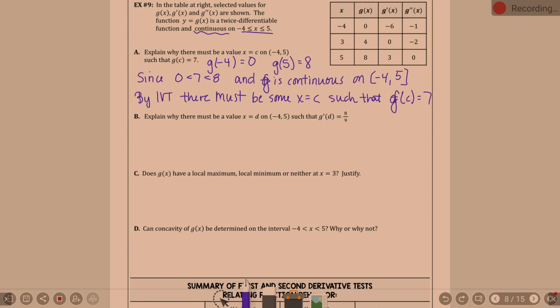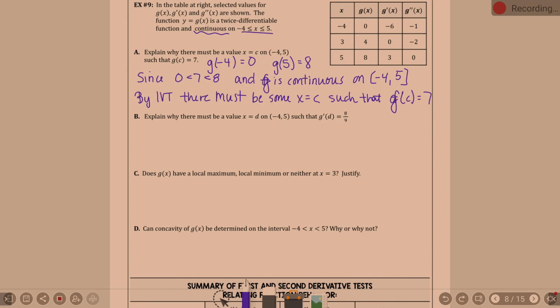Okay. B. Explain why there must be a value d in (-4, 5) such that g prime of d equals 8/9. When you're given a chart, how do we find the derivative? We basically do slope, average rate of change.